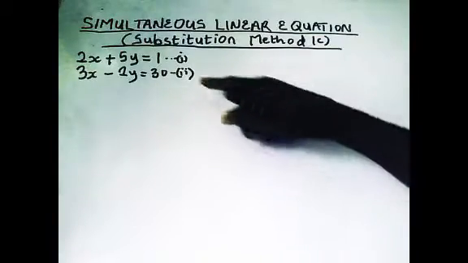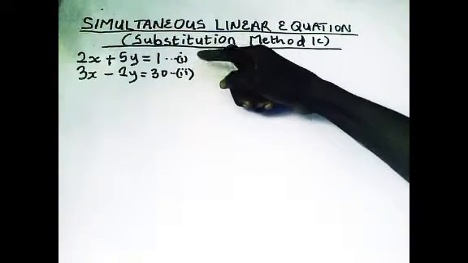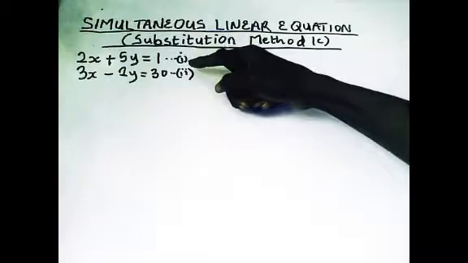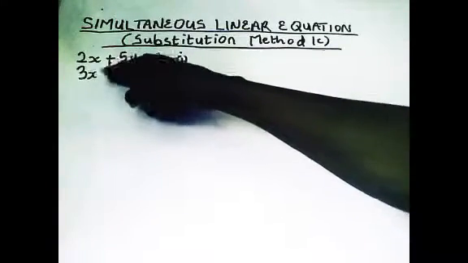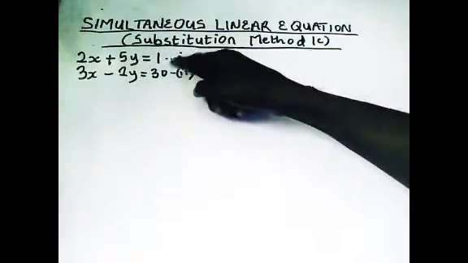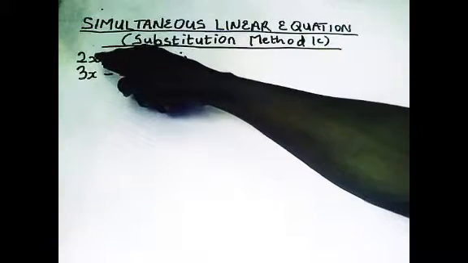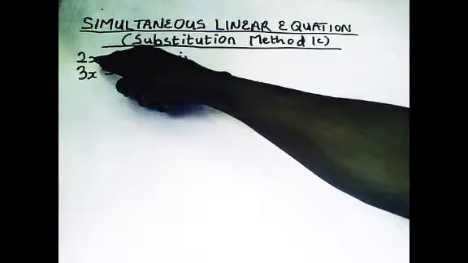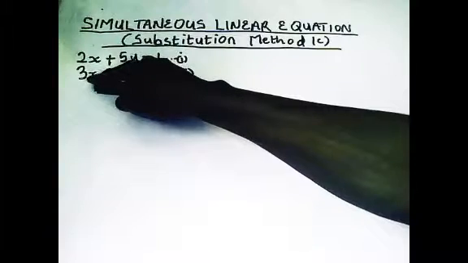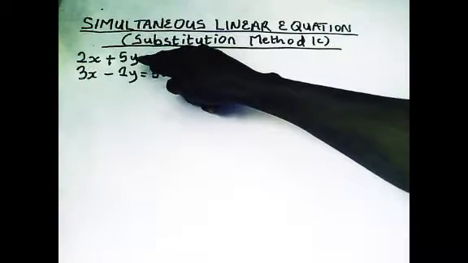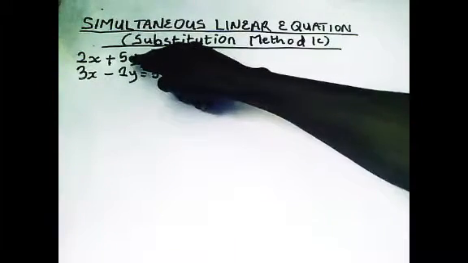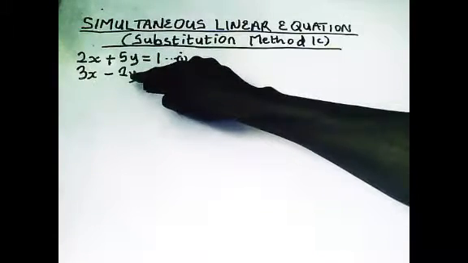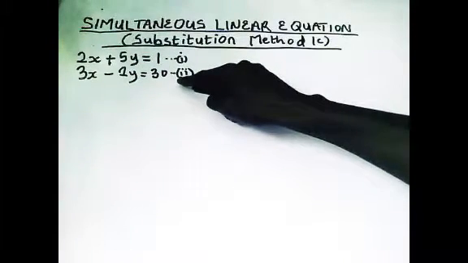Now on the board, two equations are given to us to solve simultaneously. But on close observation of the variables x and y in both equations 1 and 2, you will see that in equation 1 we have a coefficient of x as 2 and 3 in equation 2. Then the variable y has coefficient 5 in equation 1 and 2 in equation 2.